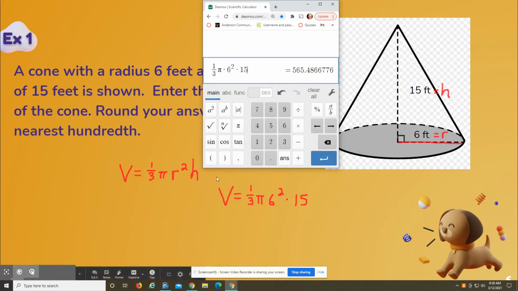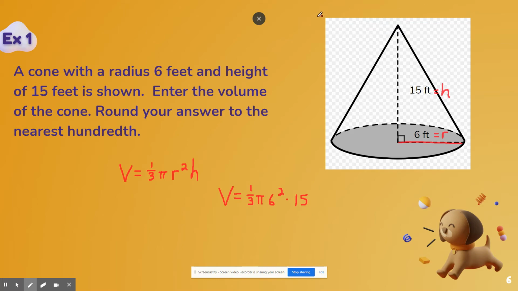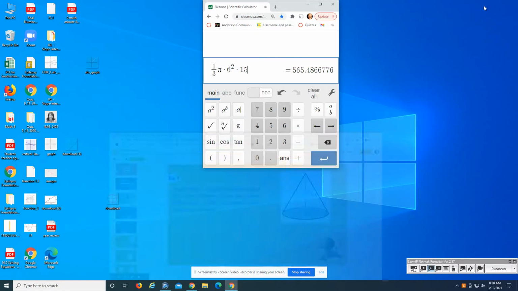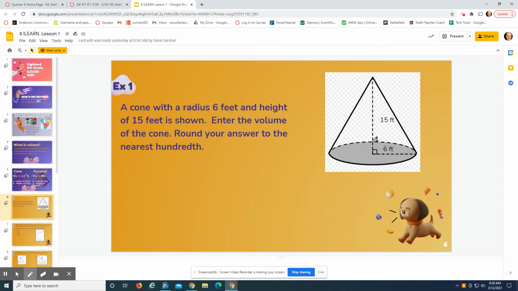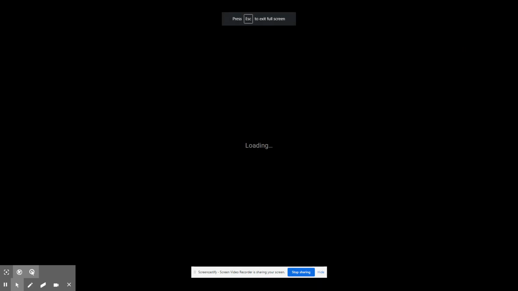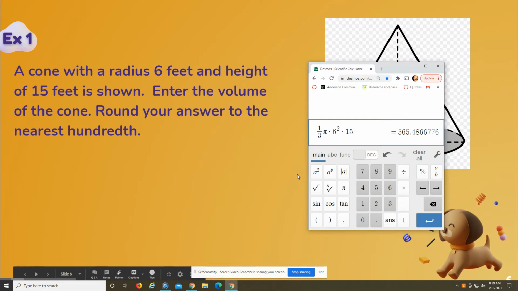This tells us that the volume of this is... Oh, our calculator disappeared. This tells you that our volume is 565.48. Now, most of the time it's going to ask you to round to the nearest hundredth.